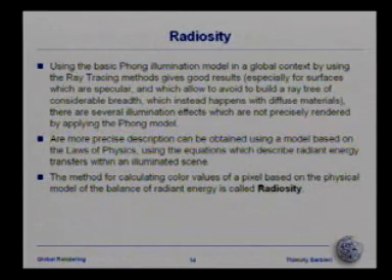Since this was limiting and not satisfactory, another method was studied, invented, researched, which is called radiosity. The goal of radiosity is to obtain a more realistic, more physically based effect, which allows you to properly illuminate, to properly shade diffuse materials without the limitation of the ray tracing method.